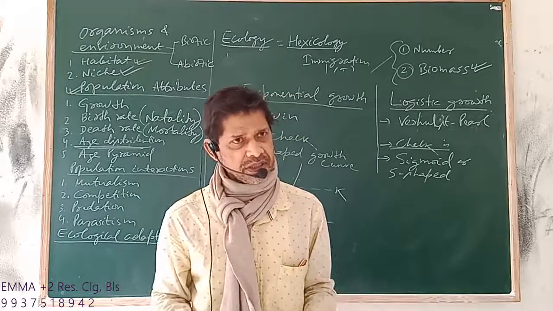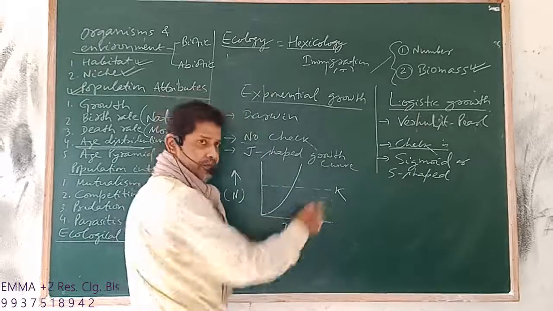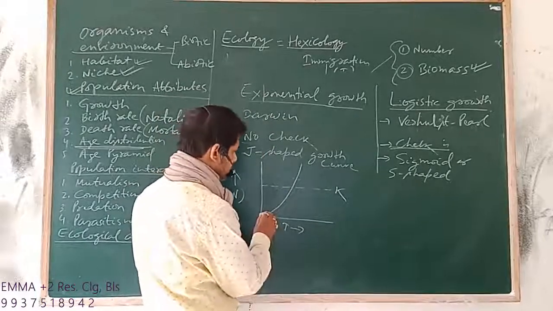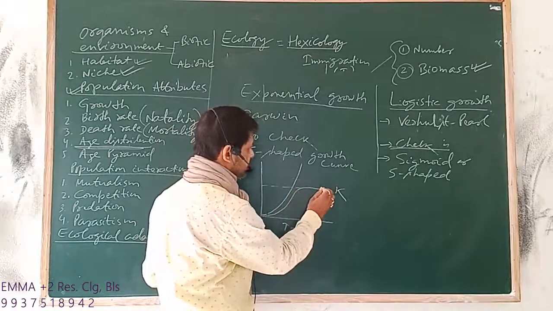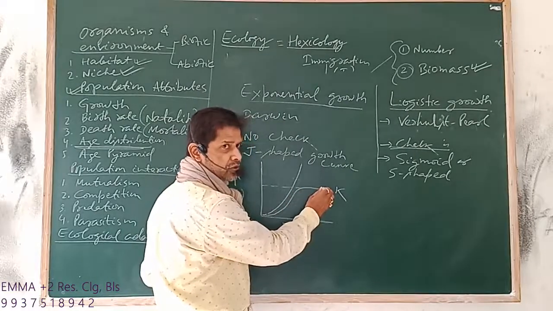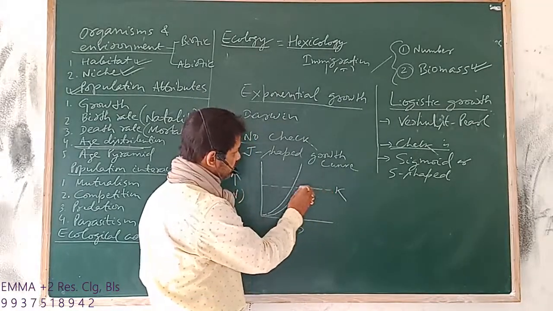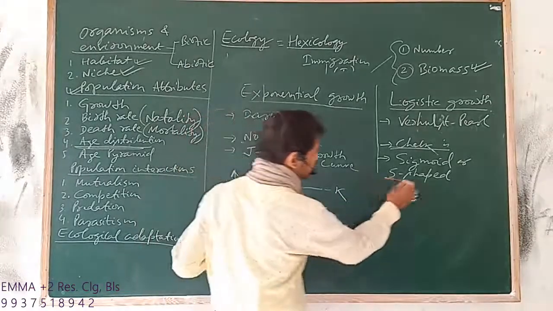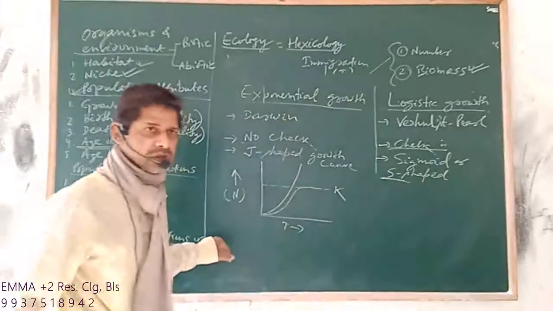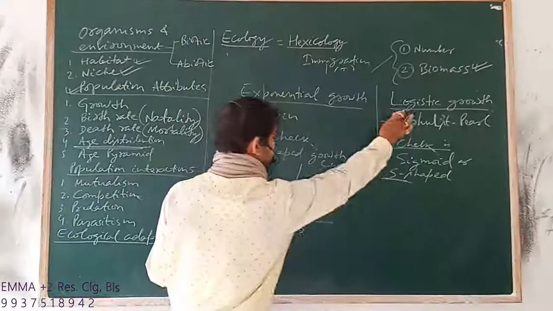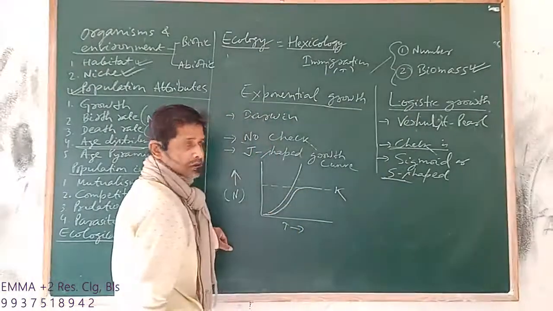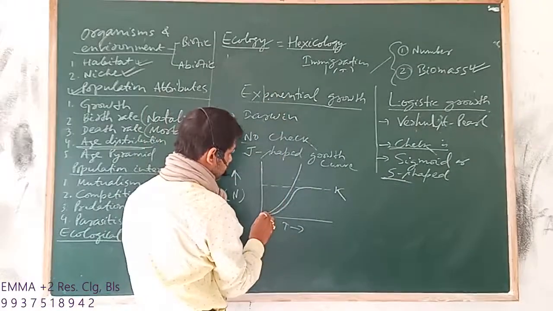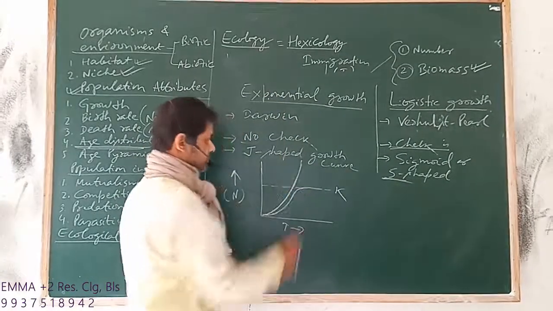Space is limited. So that is K. That means growth will continue, and when the carrying capacity achieved, there will be no growth. So how it appears? It appears like S. That's why logistic growth curve appear S-shaped, exponential growth curve appear J-shaped.